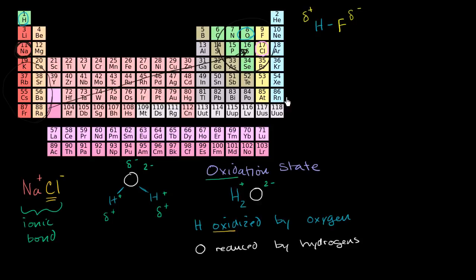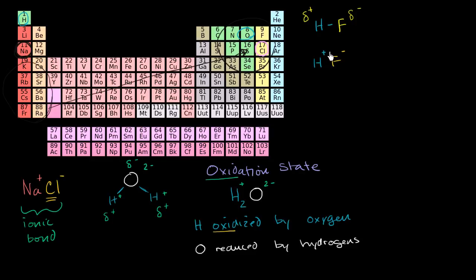But if we were going to think about it in terms of oxidation states, we would say, when push comes to shove, if this had to be an ionic bond and not a covalent bond, what would be the charges on each of these atoms? In that case, hydrogen would lose an electron and have a full positive charge, and fluorine would gain an electron and have a full negative charge.